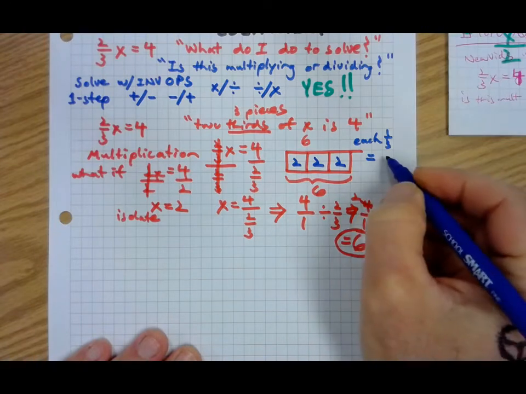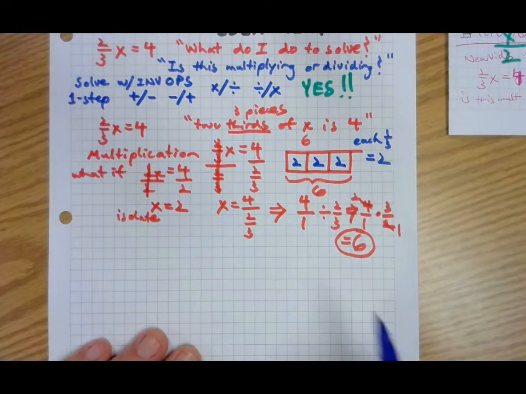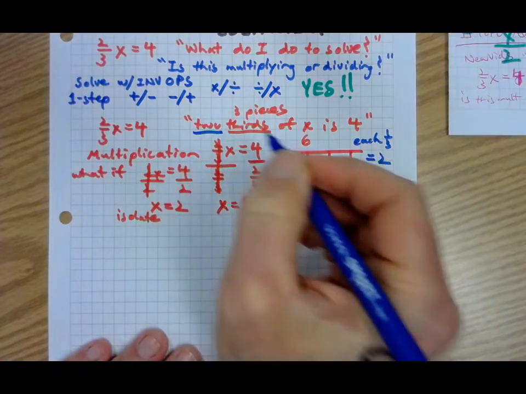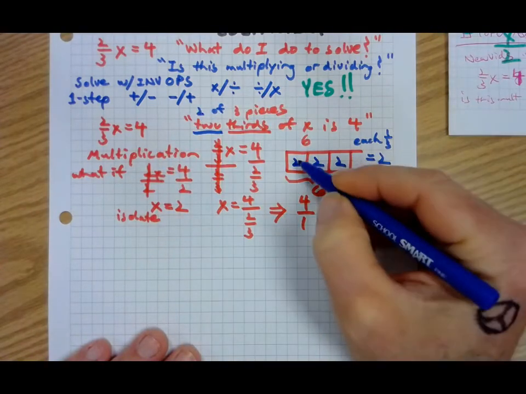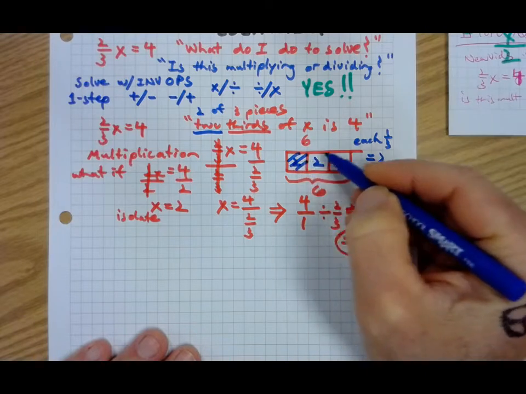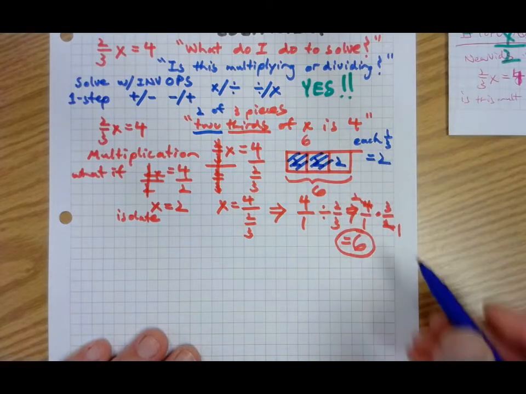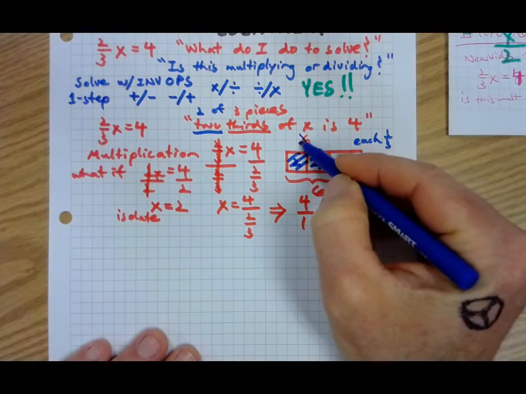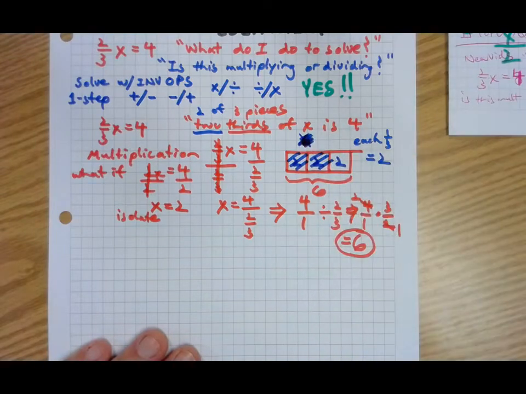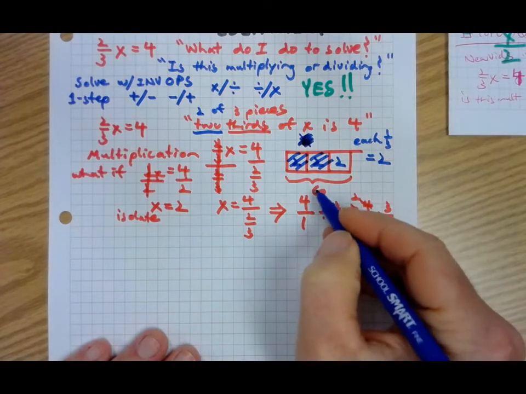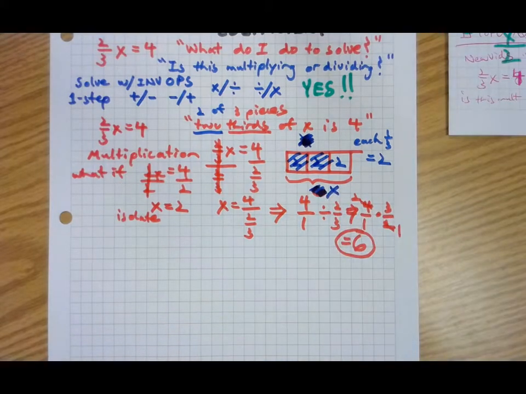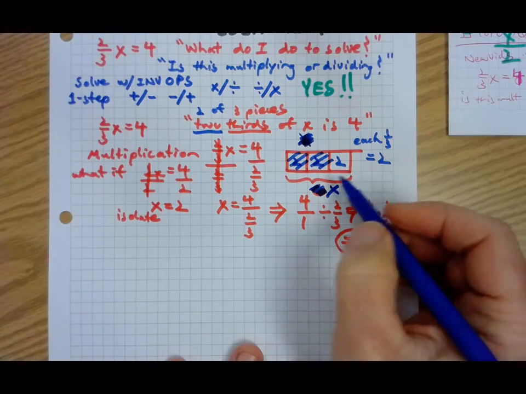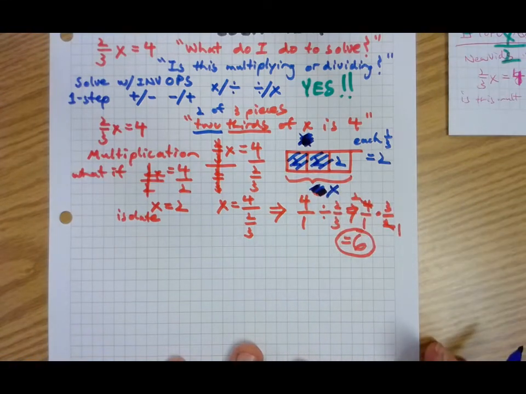So 2/3 is two of those three pieces. Remember, we're pretending now like we do not know the answer is 6. This is just x. Something, we're labeling it as x, split into 3 equal pieces is 4.